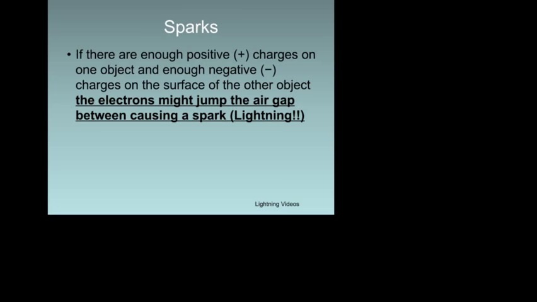And when electrons jump across a gap of air, this causes a spark. So a small spark might happen if you have shuffled your feet across your carpet for several minutes and you get your finger close to but not quite touching the doorknob. You might see and feel a little spark.